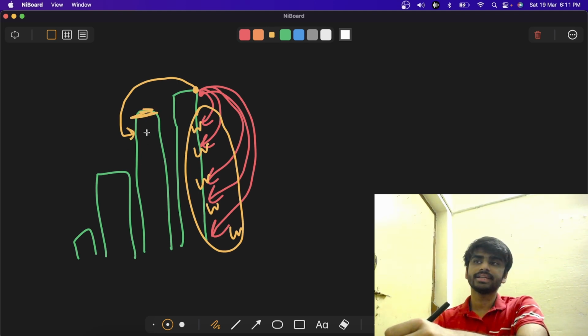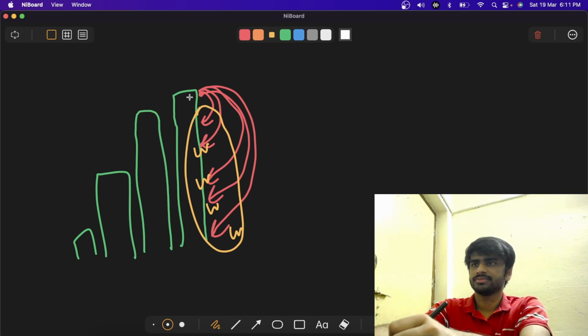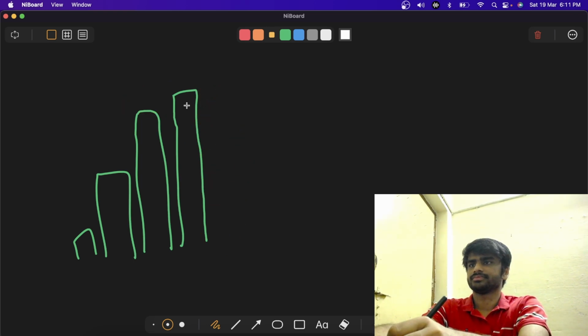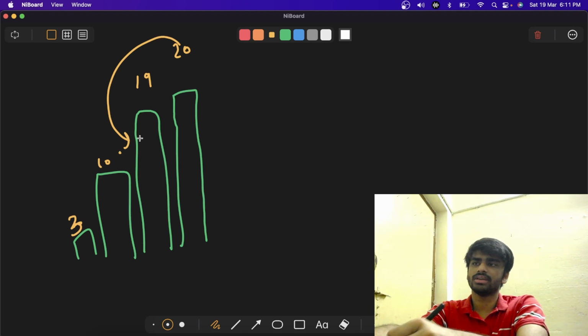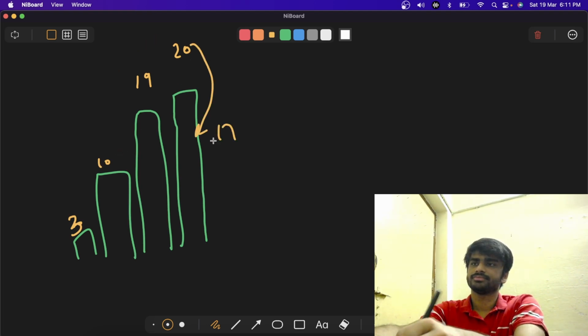Because if we don't do that, what I'm trying to say is, let's say this is 20 and this is 19 and this is 10 or something. So this must be changed to 18. Because if we change it to anything smaller than that, like 17, in the next step we will have 19 as the biggest and 17 as the second biggest.